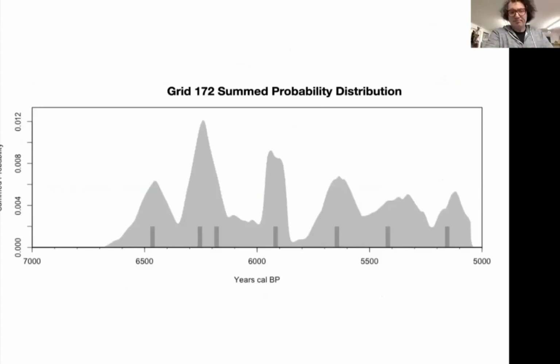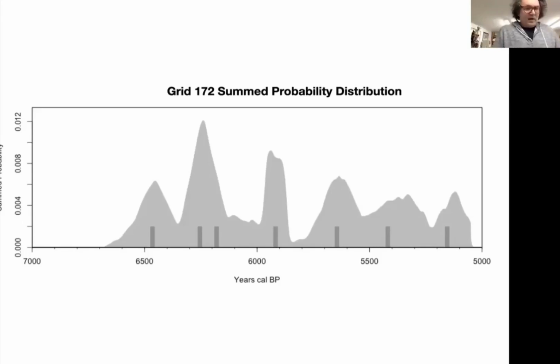These bars at the bottom of my plot are the individual bins. So this is the probability distribution for the grid cell. It indicates the pattern of intensity of settlement within the grid cell. We can see that it started just before 6,500 BP, and it ends, wherever it ends.